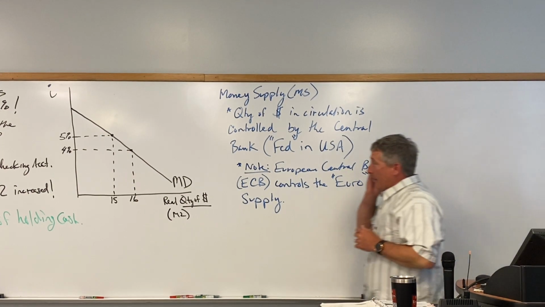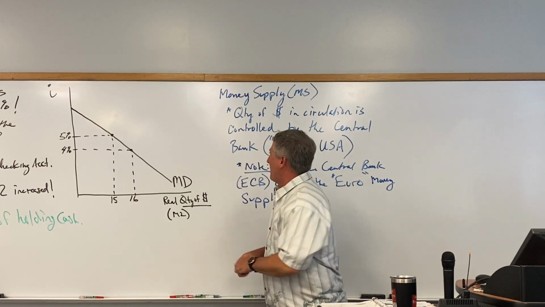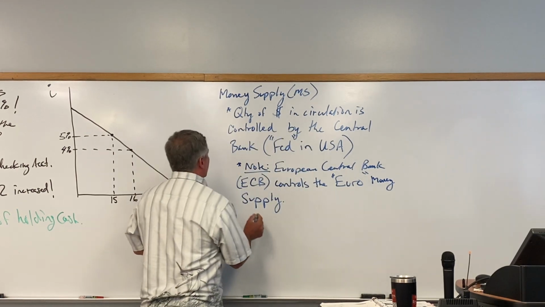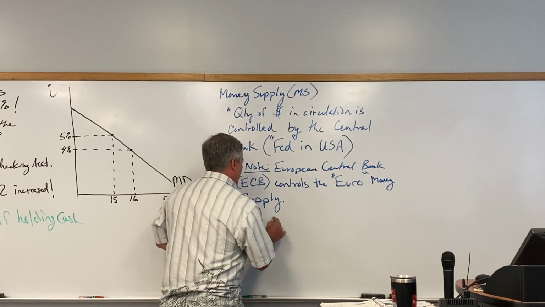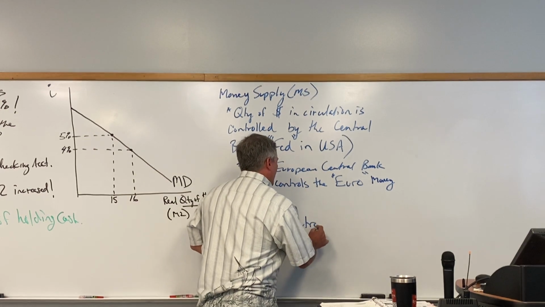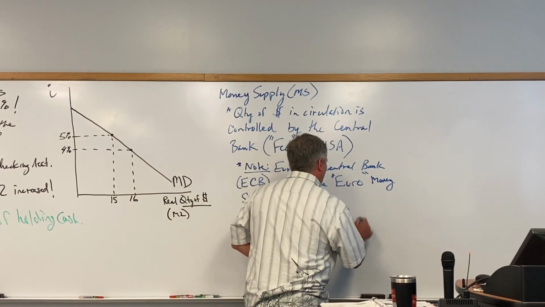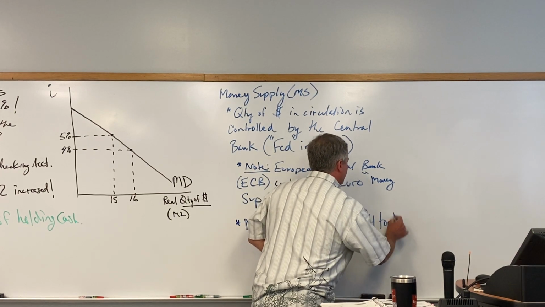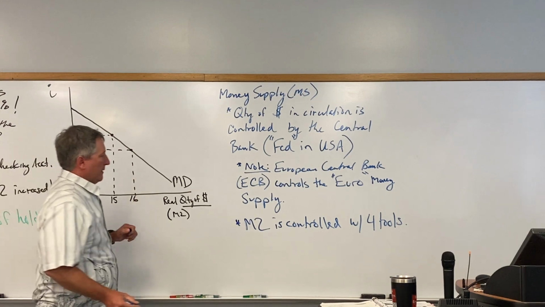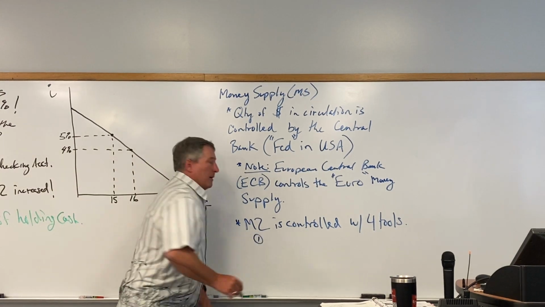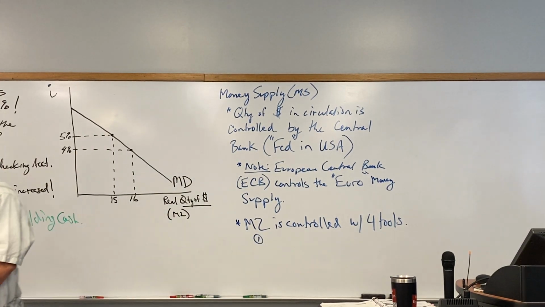So, they control it with the 4 tools, rather. So, M2 is controlled with the 4 tools. What are the 4 tools? See if we can rattle them off without looking back in our notes, just for fun.